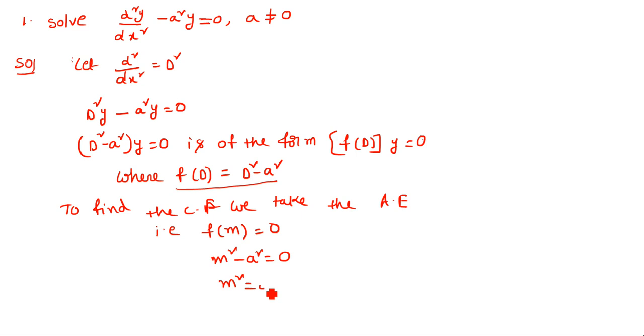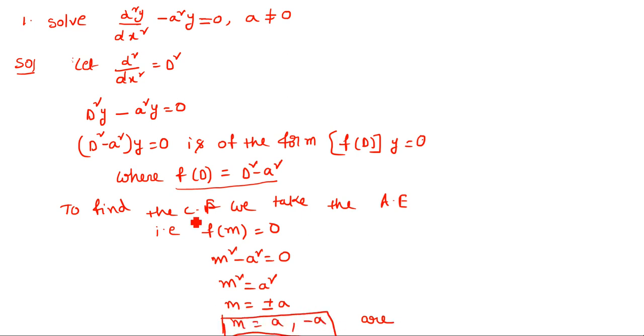M square equals a square. M equals plus or minus a. That is m equals plus a and minus a. So these are the roots. See how many roots we get? 2.